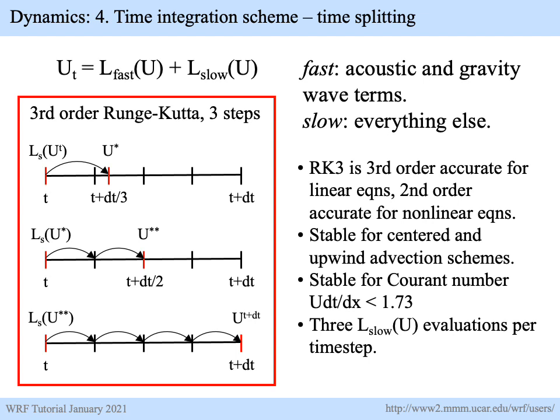For example, depicted here, we're taking 2 acoustic steps to get to delta t over 2 in that second Runge-Kutta step, and we're taking 4 to get the full time step evaluated and produce the new solution. We could, for example, take 3 for that second step, and then take 6 for the final Runge-Kutta step. And we set that acoustic time step size based upon what's needed to maintain the stability of those acoustic modes.